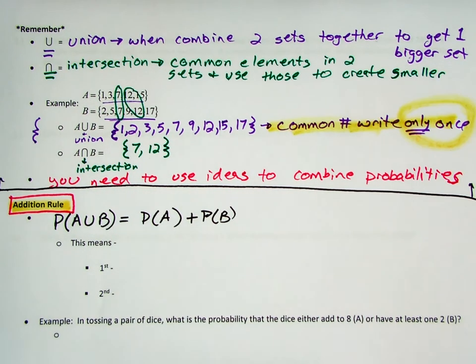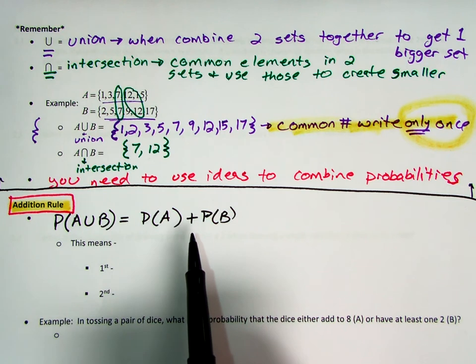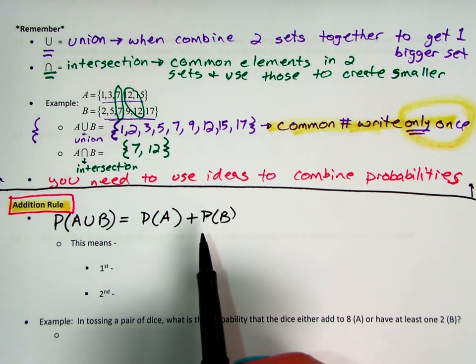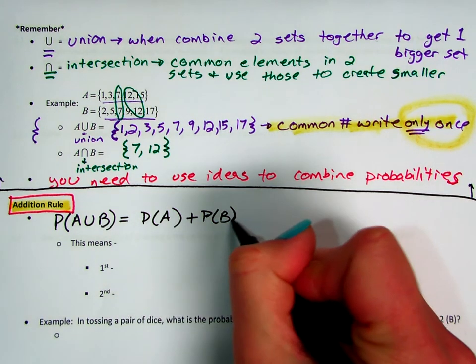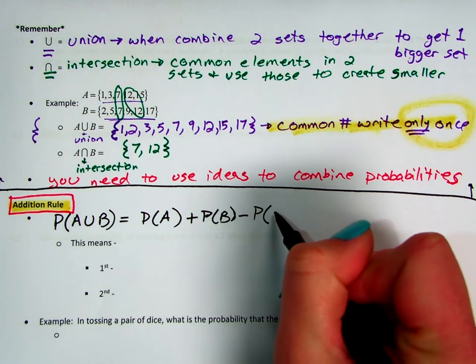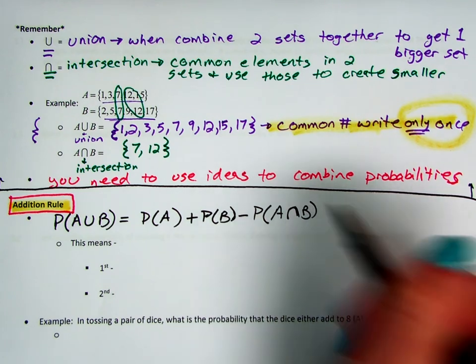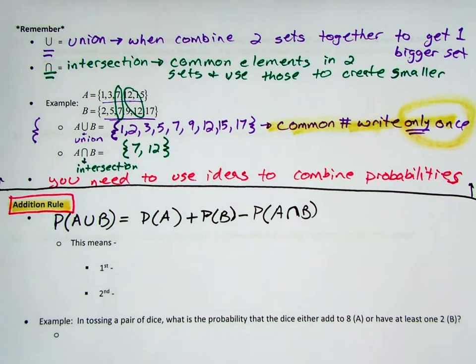So if we're writing it only once, then just adding our probabilities isn't enough because there's going to be common ones that we should have written only once. So then we're going to subtract out the probability of A intersect B, because the intersection would cancel out those common events that had happened in both of them.